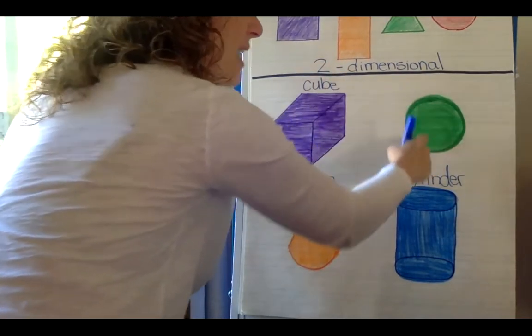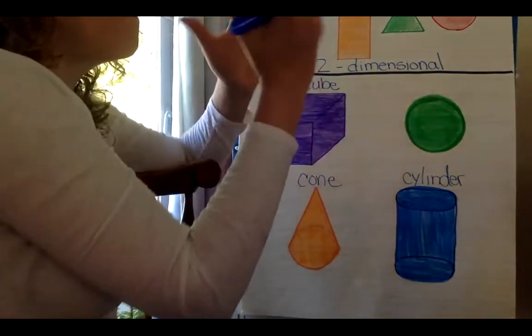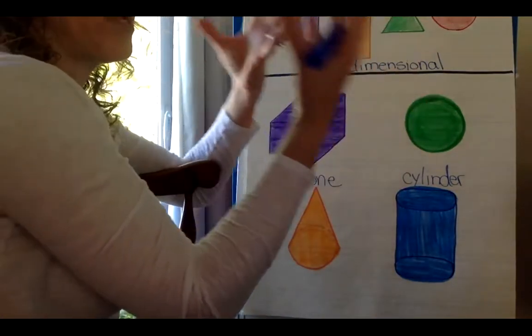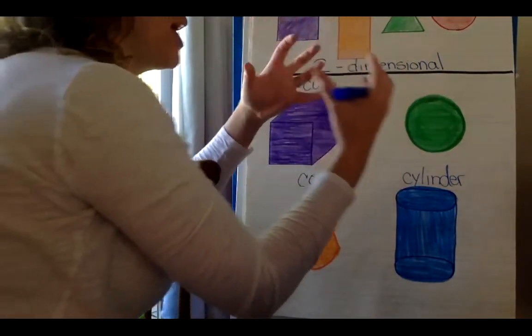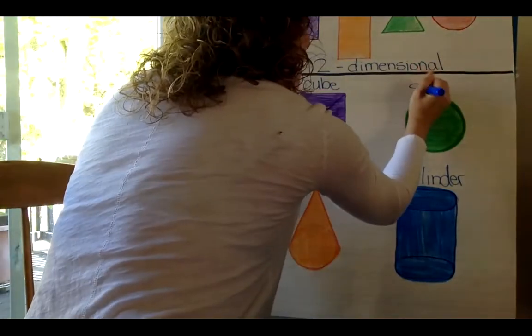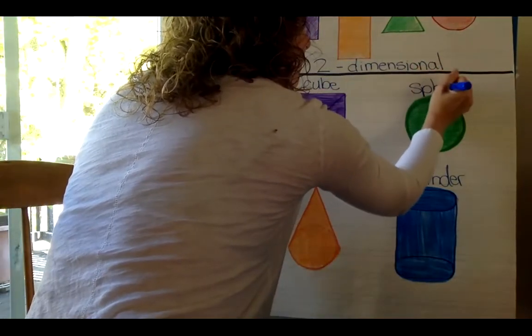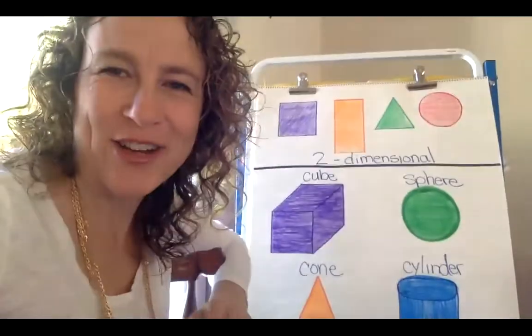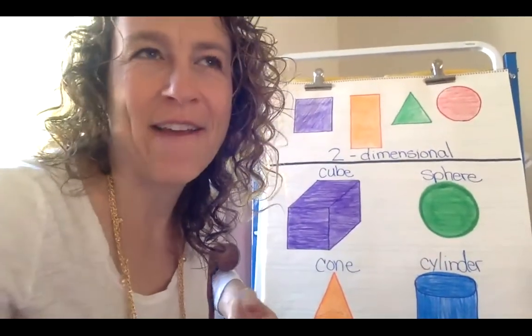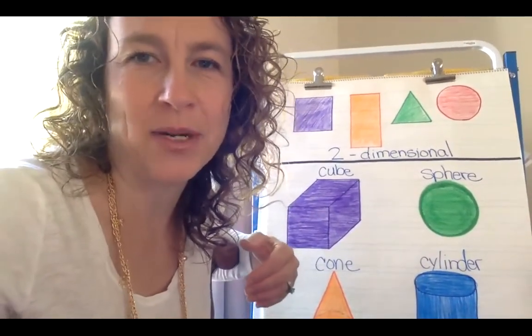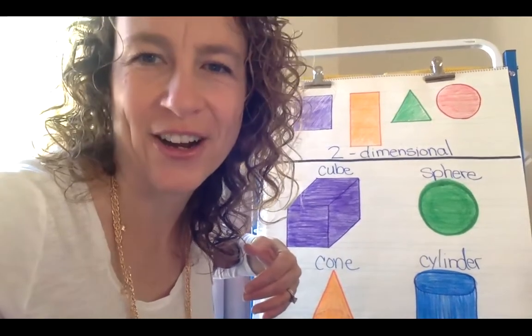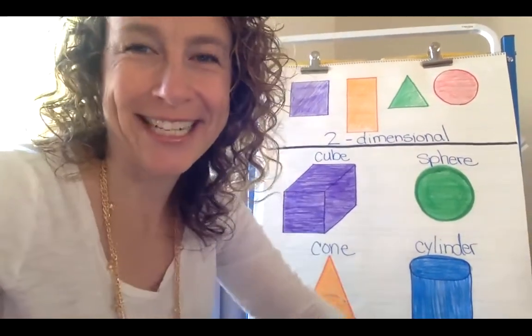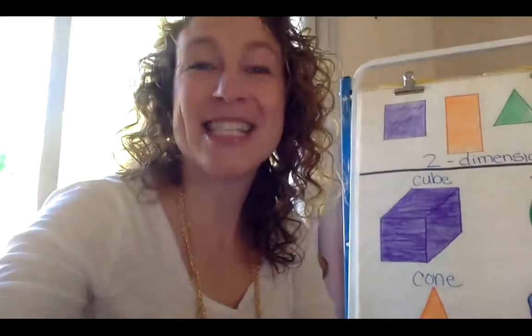And then this looks like a circle, but it's round all the way around. It's a solid shape, and we call that the sphere. And I heard Mrs. Torres trying to teach you that fancy word, sphere. Yes, so that's a sphere.